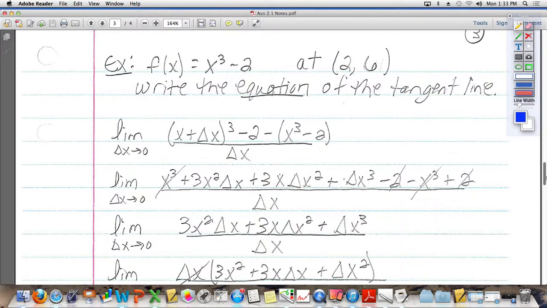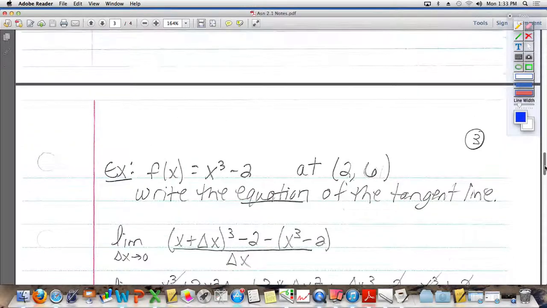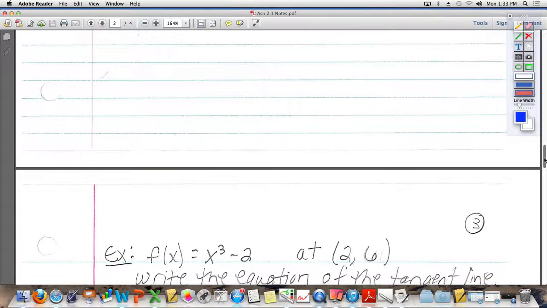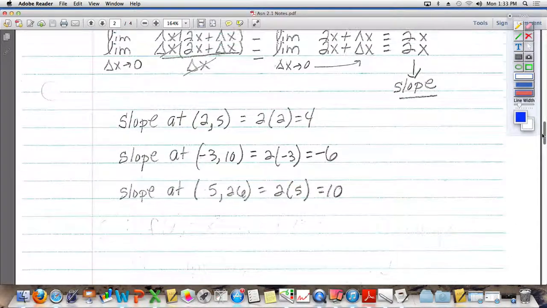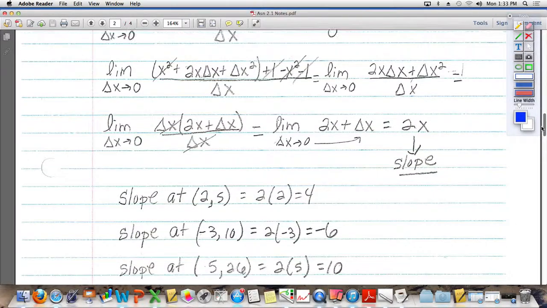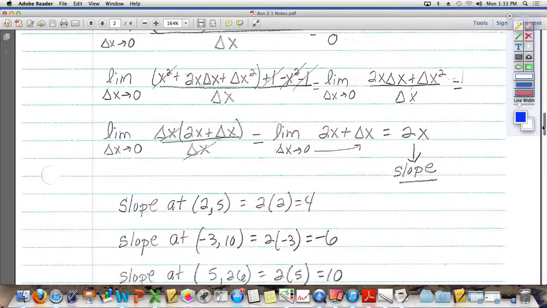Right now, what I would like you to do is get out another sheet of paper. Not part of your notes, but a separate part of your notes. This is a good place to write this down.